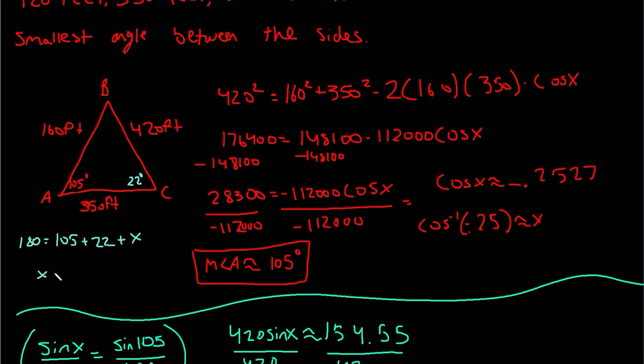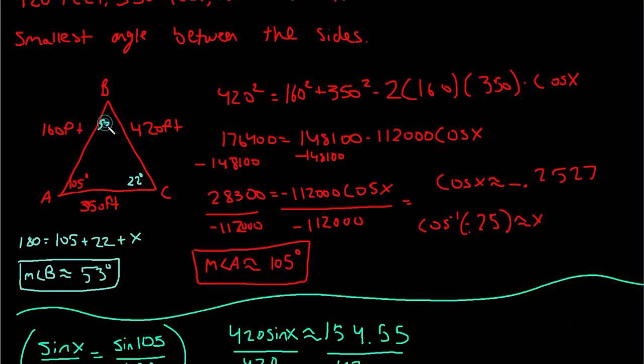By using simple math in a calculator, we can get that the measure of angle B is roughly equal to 53 degrees.